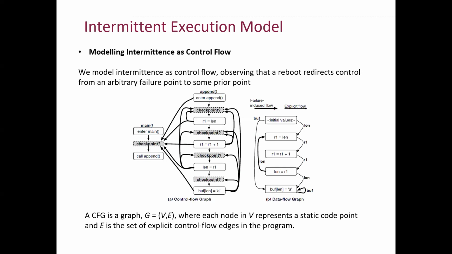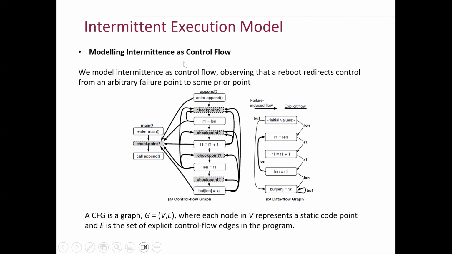The next way in which the authors model intermittence is through control flow. Control flow is more like a control diagram, which redirects control from an arbitrary failure point to some prior point.